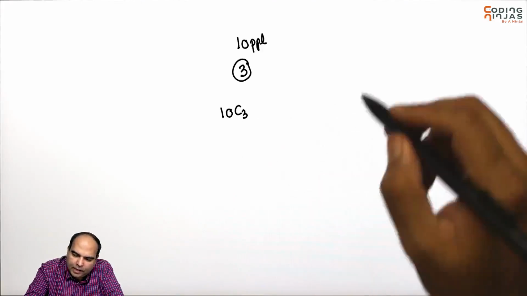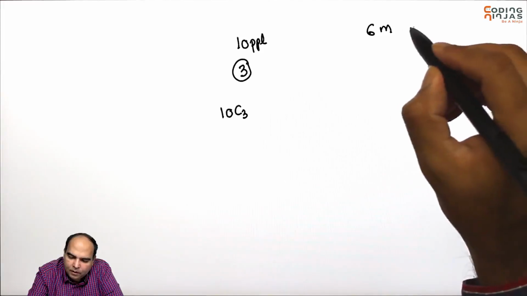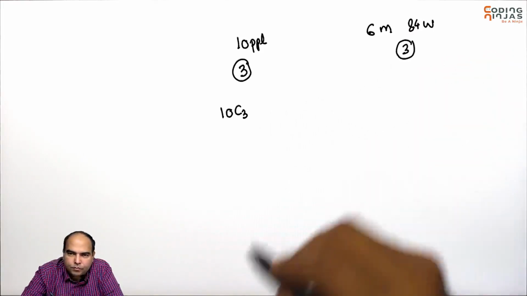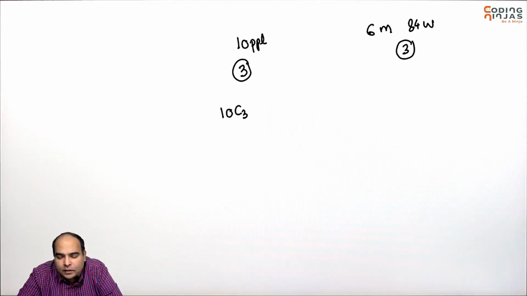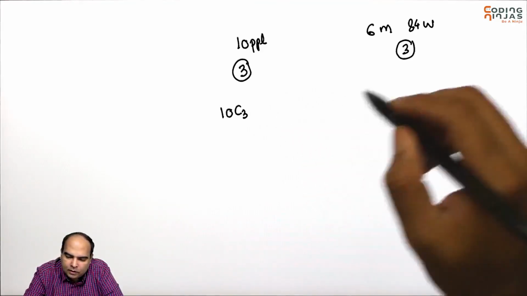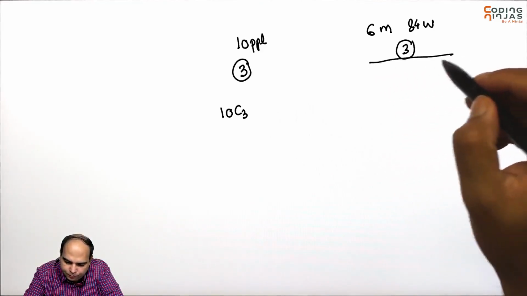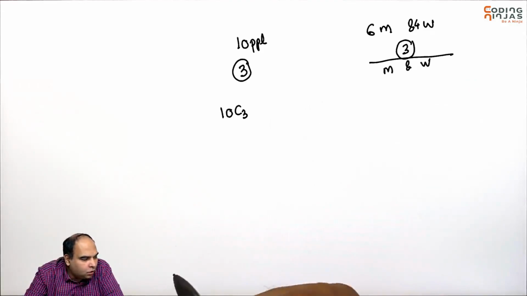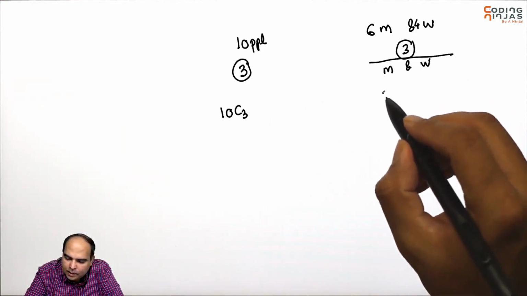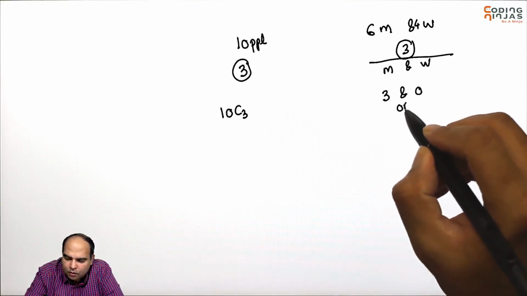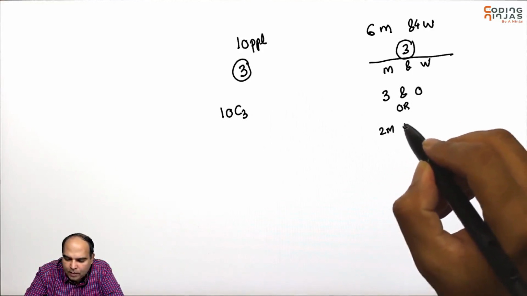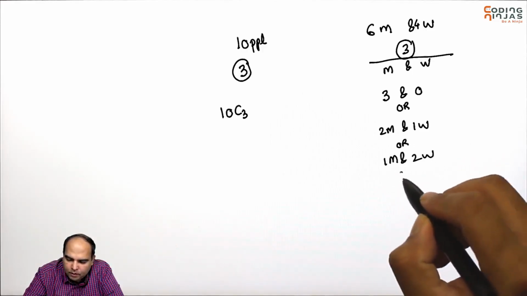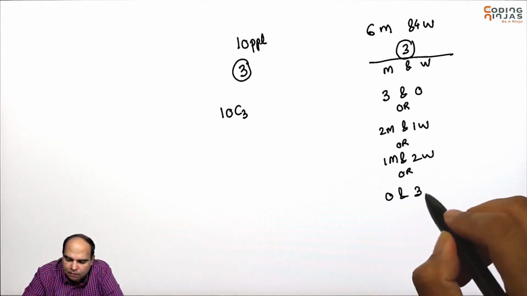But if I divide these 10 people into 6 men and 4 women, and then I tell you that you have to make committees of 3, and I don't give you any constraints, so in case you decide to do this problem using how many men and how many women, and you write the comprehensive list of all the committees possible, you will say committees with 3 men and 0 women, or 2 men and 1 woman, or 1 man and 2 women, or 0 men and 3 women.